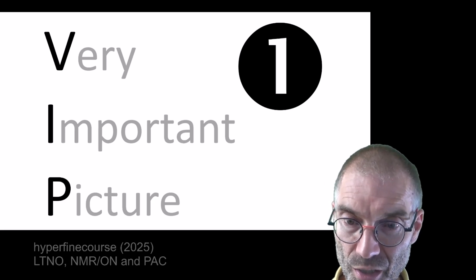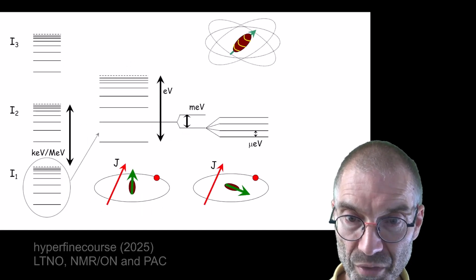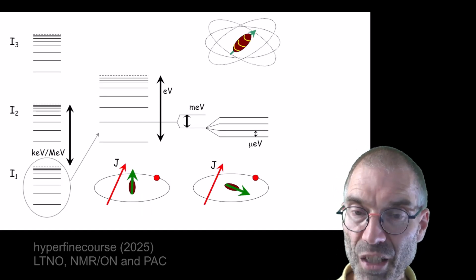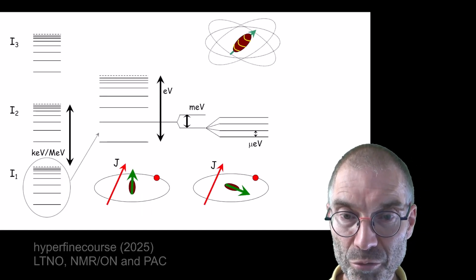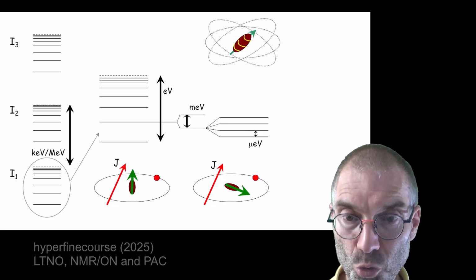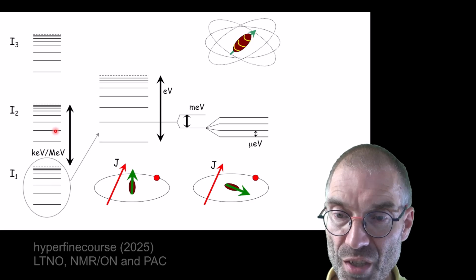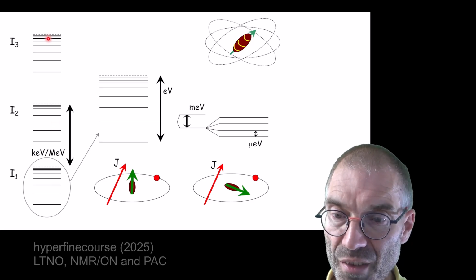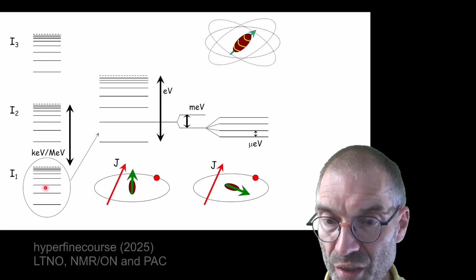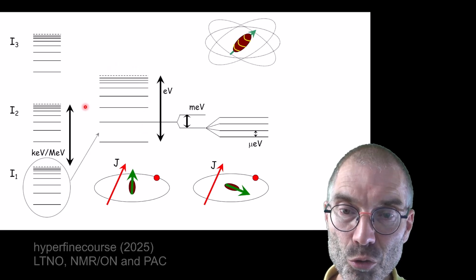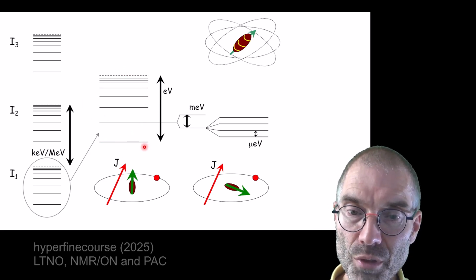The very important picture number 1 showed all the energy scales that are involved in a system of nuclei and electrons, where you have energies related to the nuclear state, for every nuclear state, energies related to the state of the electron cloud.